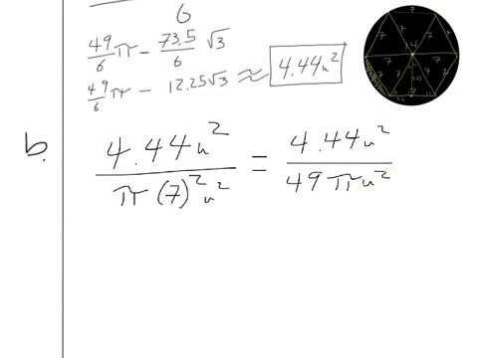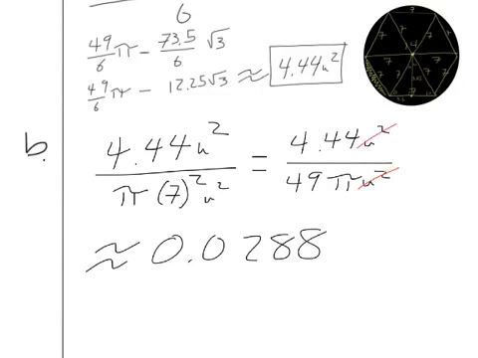Unit squareds cancel each other out. And so you're just going to do 4.44 divided by 49 pi. When you plug that into your calculator, you're going to get approximately 0.0288. And so that as a percentage is 2.88%.